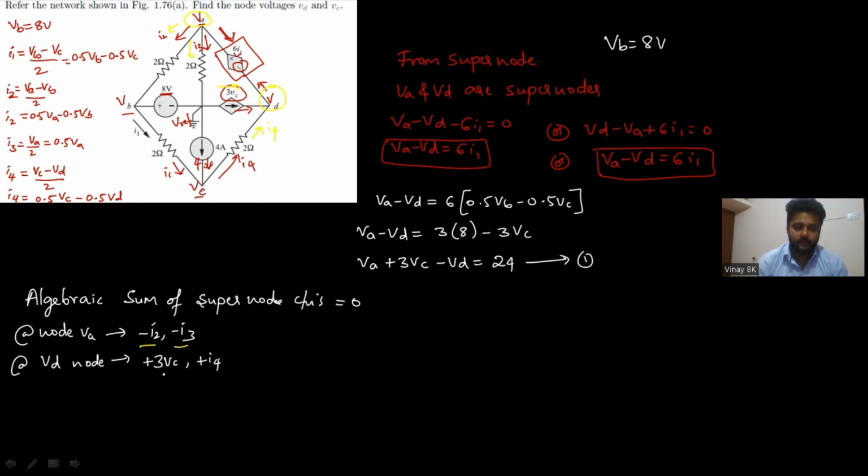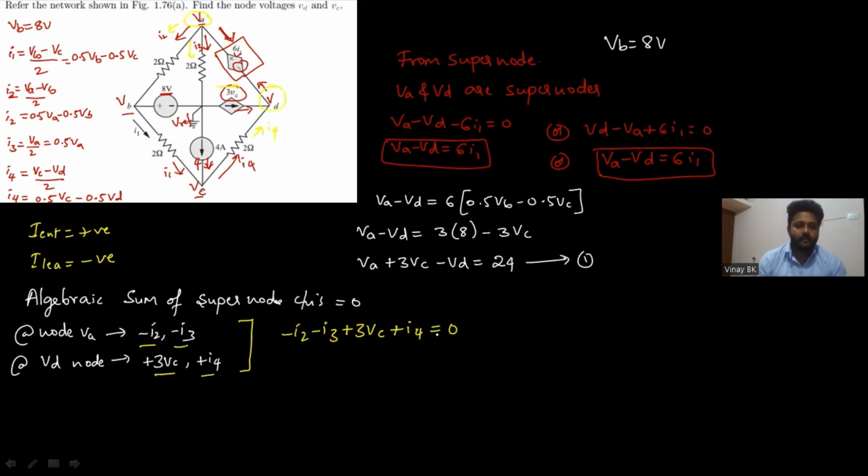Entering is positive, so plus 3 VC plus I4. If current enters it is positive, if current leaves it is negative. I hope you know about this. So now the algebraic sum of these currents equals 0, that is minus I2 minus I3 plus 3 into VC plus I4 equals 0.